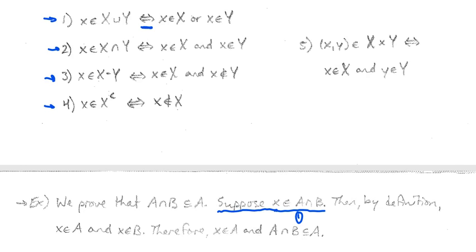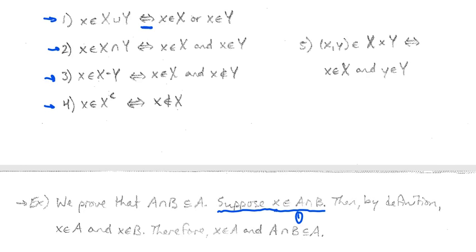Now we are going to use other basic definitions like the ones we just saw, numbers 1 through 4 at the top of your screen, and we want to show that x is in A. Well, we've supposed that x is in A intersect B, so then by definition, using number 2 here, x is in A and x is in B. Well, we wanted to show that x was in A. We then saw, by definition of x being in the intersection, that x lies in that set A as well.